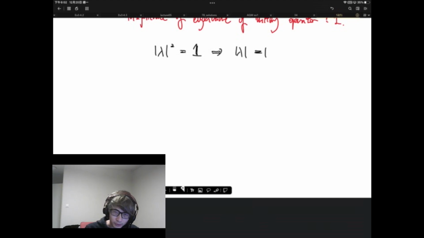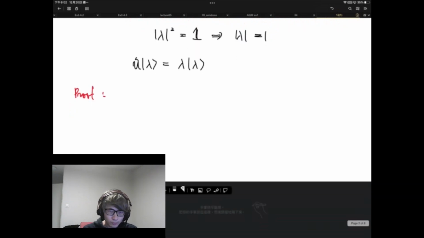The proof is as follows. We focus on two perspectives: one is the unitary, another one is the eigenvalue. In the unitary part, we have the operator acting on a state, and then we scale it.